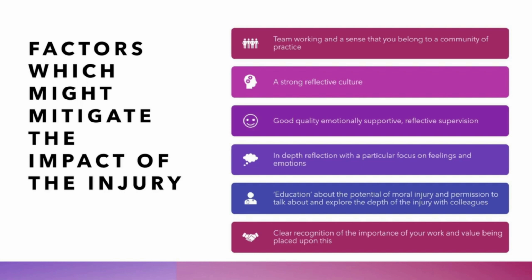And it's also important that people feel that there is a clear recognition of the importance of the work that they do and value being placed on that work. So we seek to do all of these within the reflective connections model because we know how much this is important in terms of moral injury.